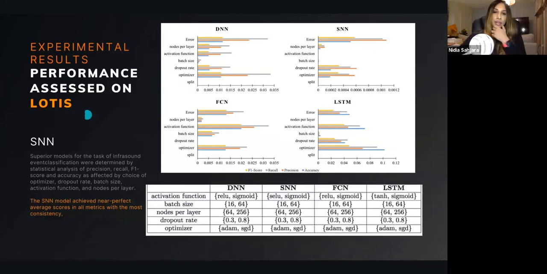Basically SNN was a superior model, and it was determined by our statistical analysis, using precision, recall, F1 scores, and all that. And yes, it did perform best in them, but we need to keep reminding ourselves that this was not done against noise. It was just the classification of the 4 events.